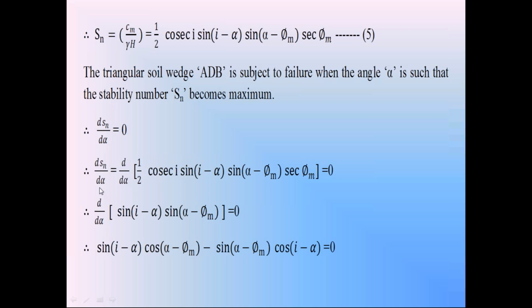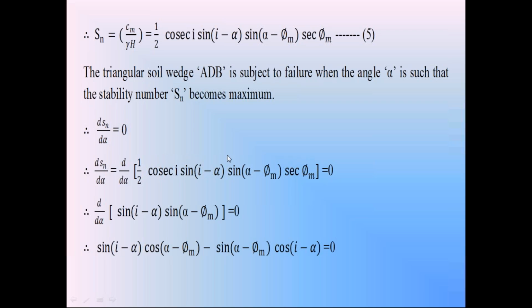So dSn by d alpha is equal to d by d alpha of, we know this Sn value, half into cosecant i into sine of (i minus alpha) into sine of (alpha minus phi m) into secant phi m. In this expression, half is constant, cosecant i is constant, and secant phi m is also constant. i is constant, so cosecant i is constant; phi m is constant, so secant phi m is constant.